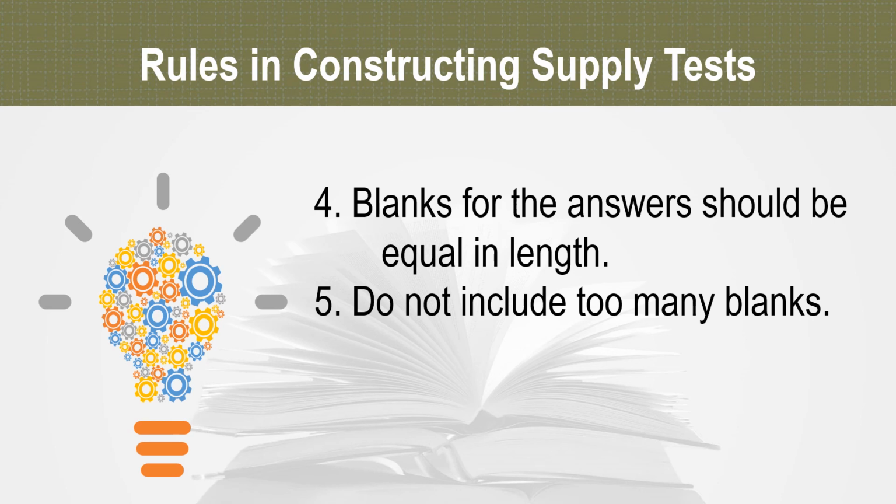Now, when are you going to omit words or phrases in the statement? Technically speaking, in closed test, you are counting the fifth or the seventh word in every sentence. So for instance, for rule number five, we have here 1, 2, 3, 4, 5, 6.